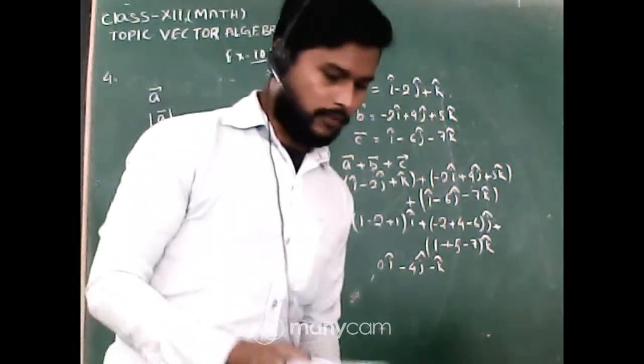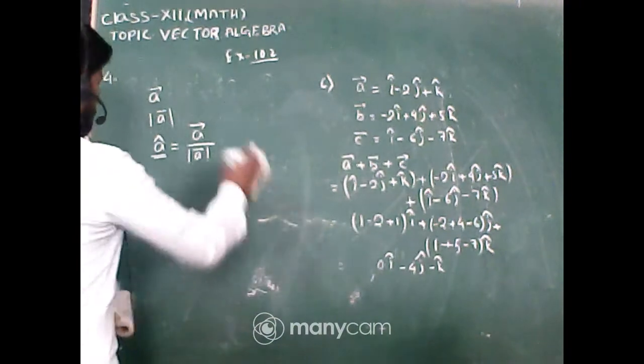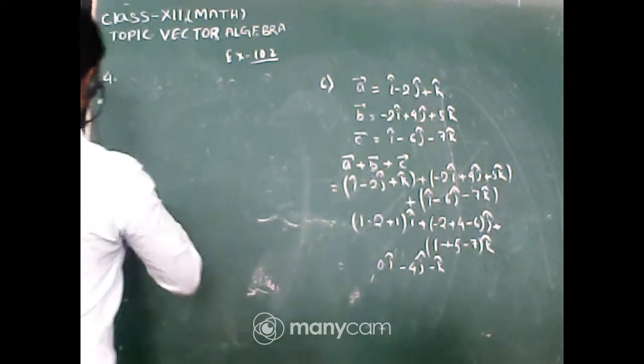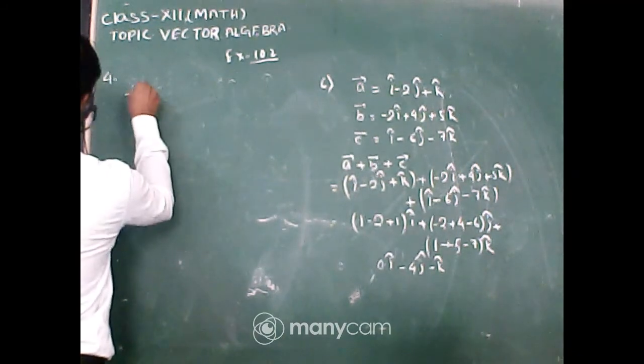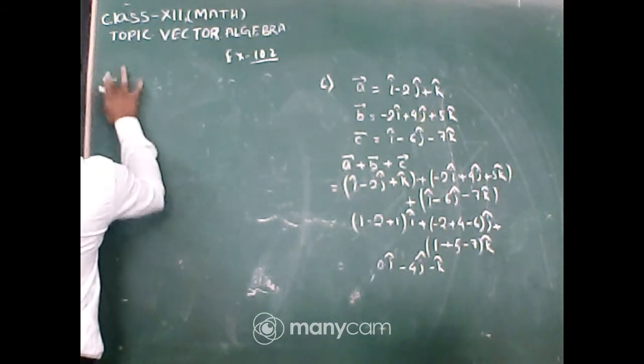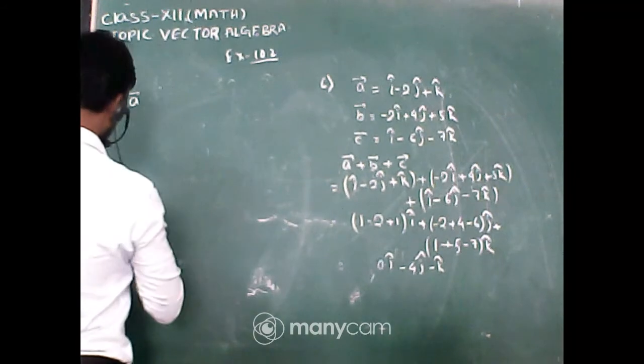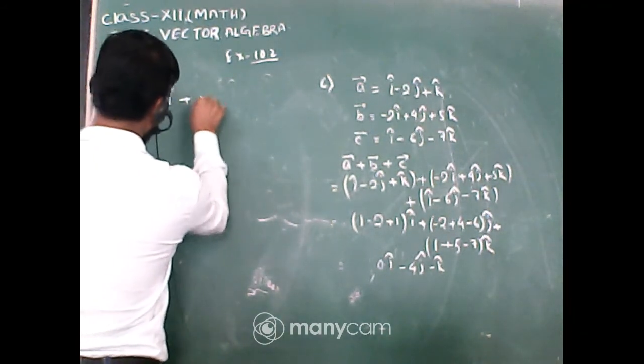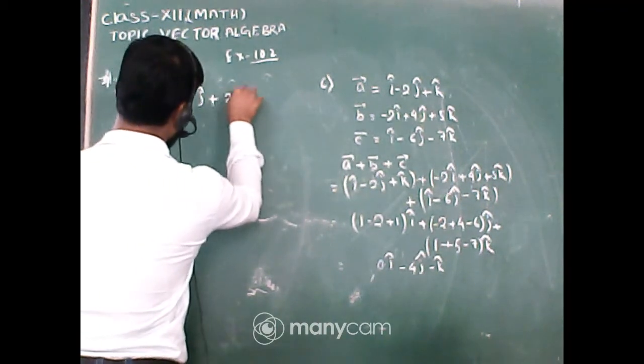Okay, so the value of A is given here. This is question number 7. Value of A is i plus j plus 2k.